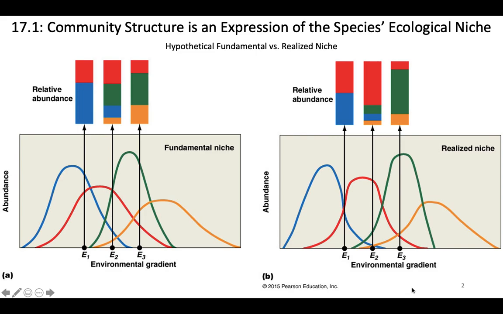Now let's think about the idea of a niche in relation to species interaction. In these two graphs, you have the hypothetical fundamental niche of 4 different species along an environmental gradient.